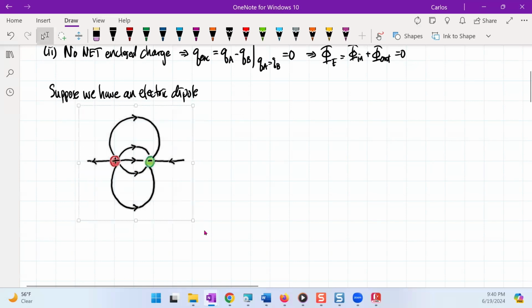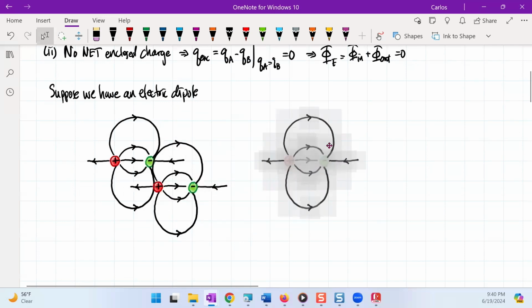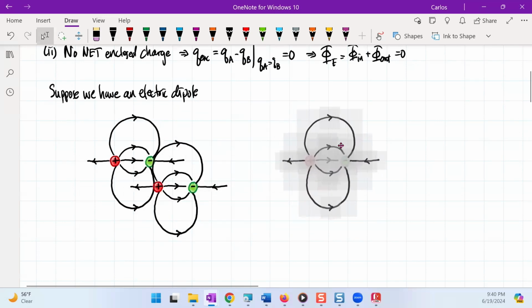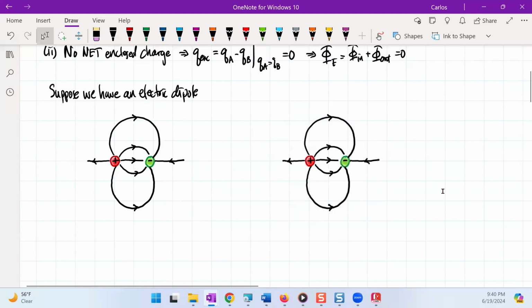Now, what I want to do is copy this and put it over here. So now I have an electric dipole.